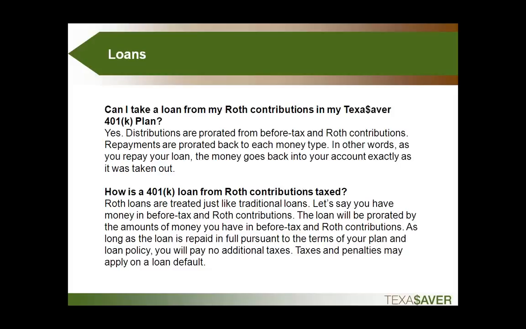Since the loans are based on the total plan balance, 2/3 of her loan, or $1,333, would come from before tax dollars, and 1/3 would come from her Roth contributions, $667, to create her $2,000 loan. George, on the other hand, may only have a Roth contribution balance. So if he takes a loan, all of his loan distribution will come from the Roth, and all his repayments will go back to the Roth.